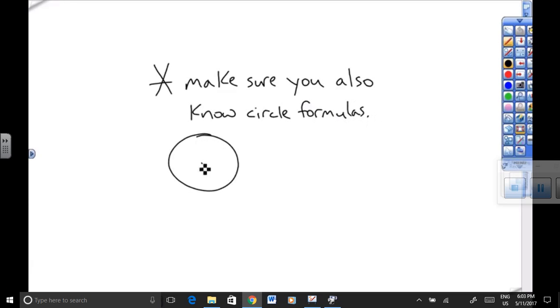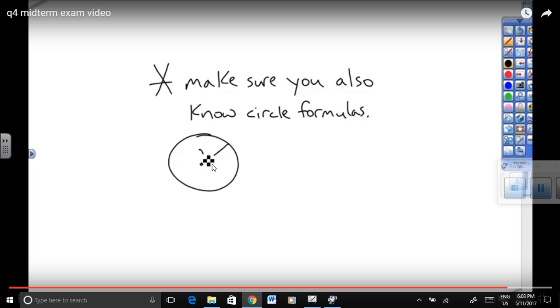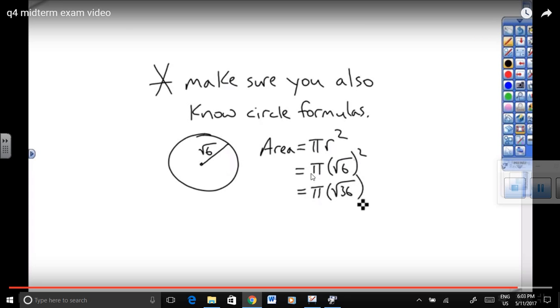So for a circle, if I had a radius of root 6, area is pi r squared. If I plug in the radius in that r right there, it gives me pi times root 6 times root 6, which is the square root of 36, which gives me just plain old 6.